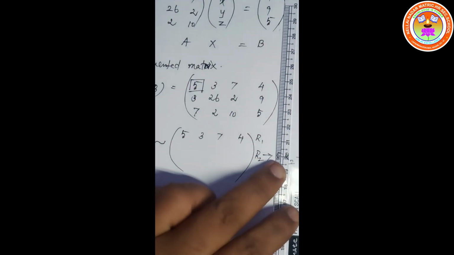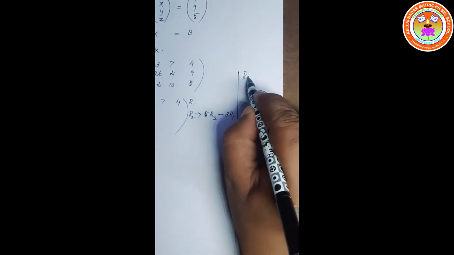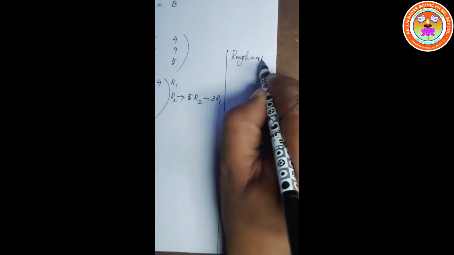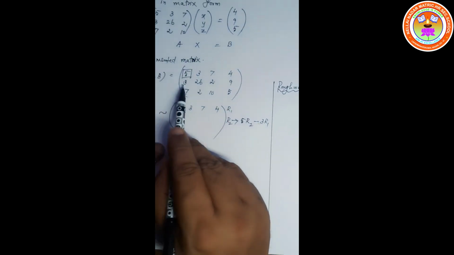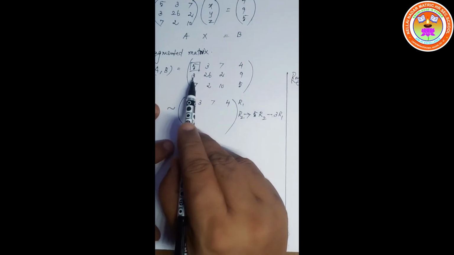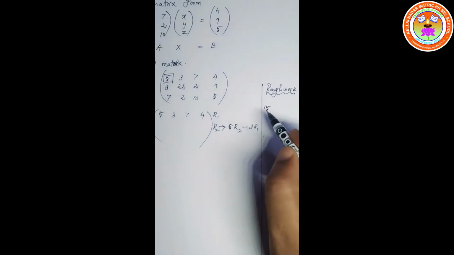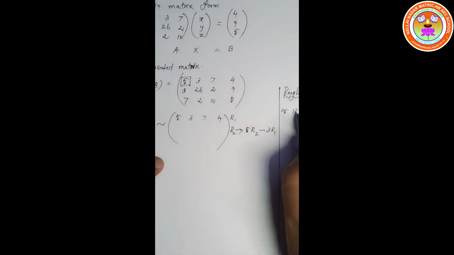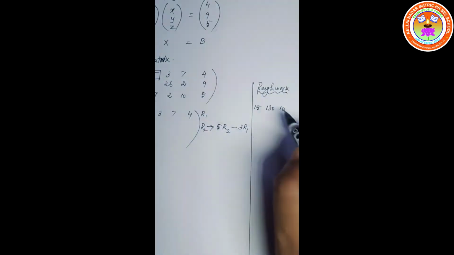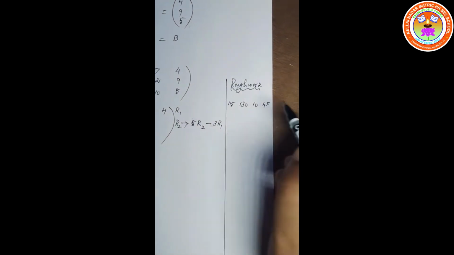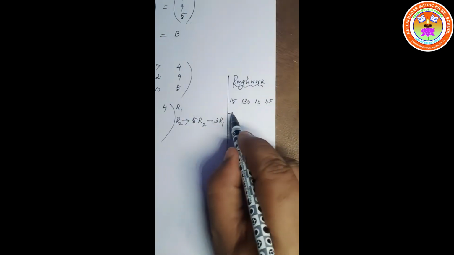I do it in rough work. 5 R2 means multiply the second row by 5. 5 3s are 15. Then 5 26s are 130. 5 2s are 10. 5 9s are 45. Multiply R1 by minus 3. Minus 3 into 5, minus 15.